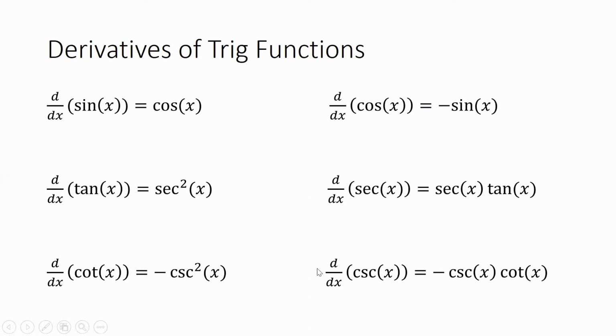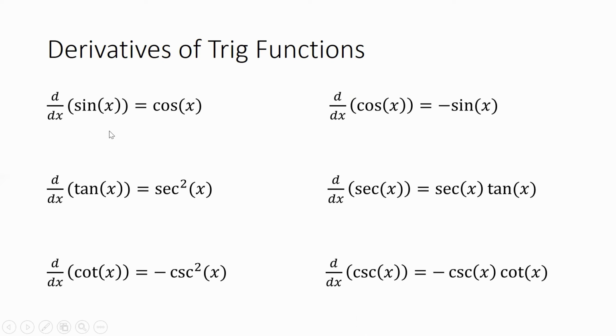I had not done cosecant yet, but cosecant has a derivative which is negative cosecant times cotangent. So it's very similar to secant. So there's my derivatives of my 6 basic trig functions.